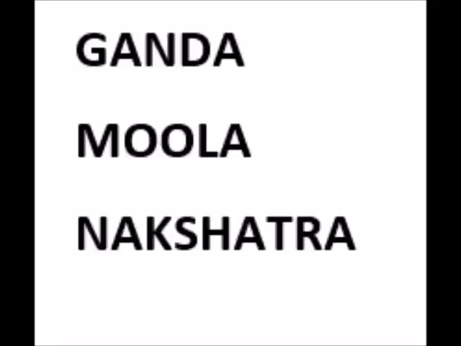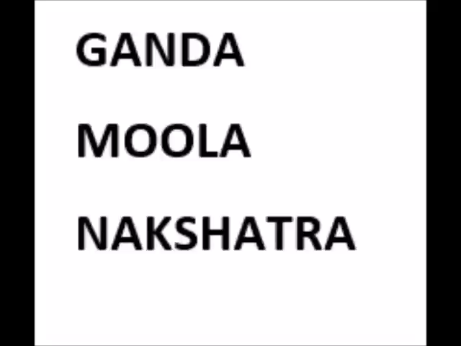So in this condition, in case the child is born in the first part of this nakshatra, it will cause problems to his older siblings, not to himself. If he's born in the second part of Jyeshtha nakshatra, it will cause problems for his younger siblings. In case he's born in the third part of Jyeshtha nakshatra, it will cause more problems to his mom, actually, not to himself.